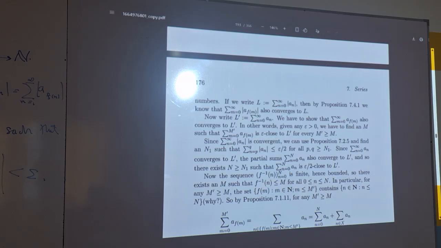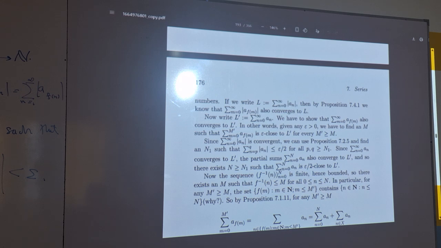F of n, I know n less than or equal to capital N. Maybe this is trivial that I don't see when I am seated here, because I prove it differently, that's why. If you take any n less than or equal to capital N, I want to prove f of n less than or equal to m dash.